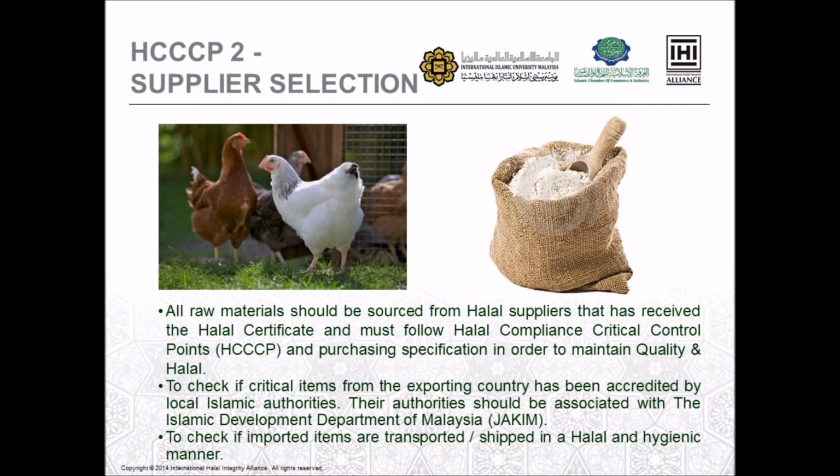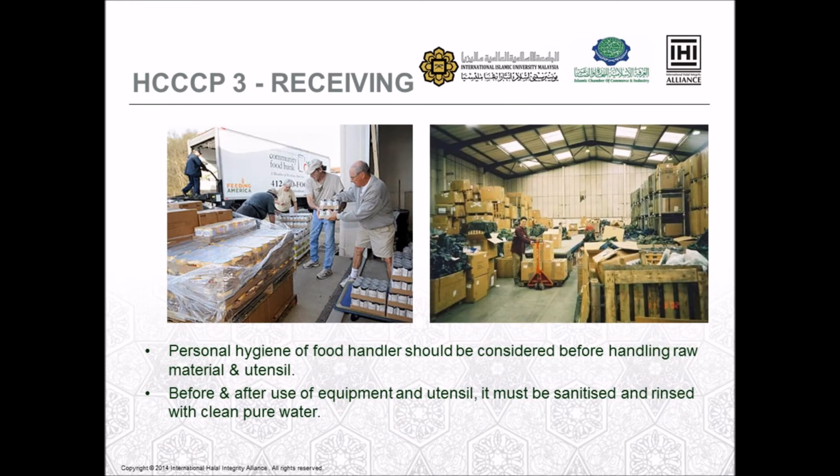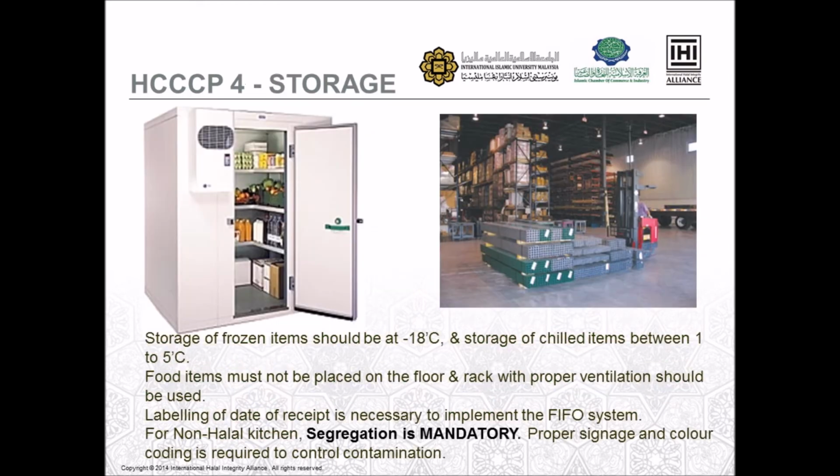Check if imported items are transported and shipped in a halal and hygienic manner. Talking about logistics, receiving area: personal hygiene of food handlers should be considered before handling material. Before and after using equipment and utensils, they must be sanitized, cleaned, and rinsed with pure, clean water.